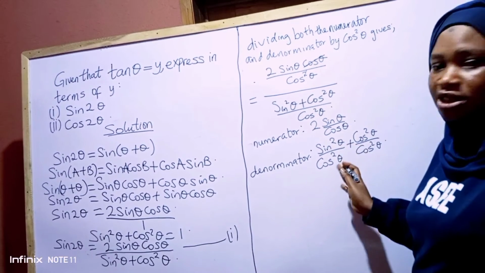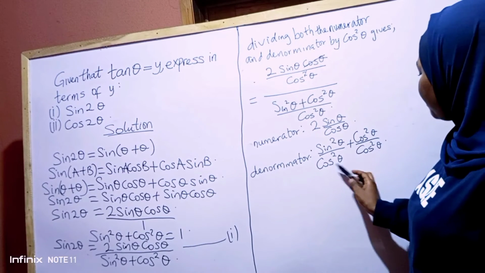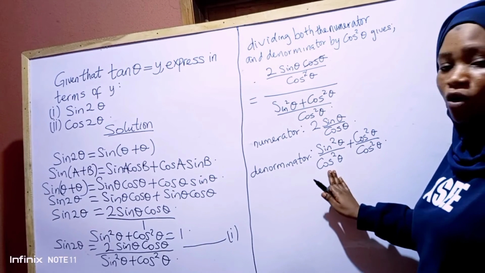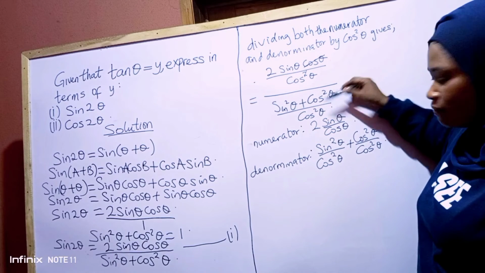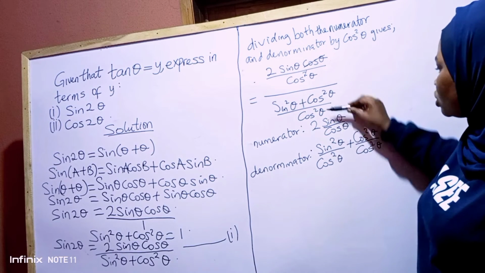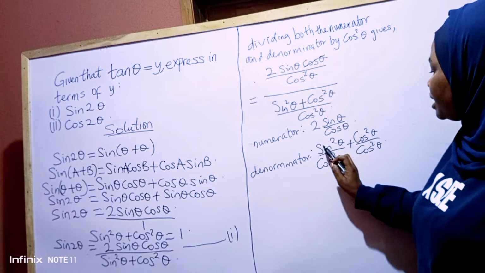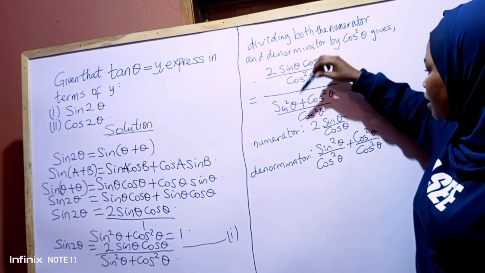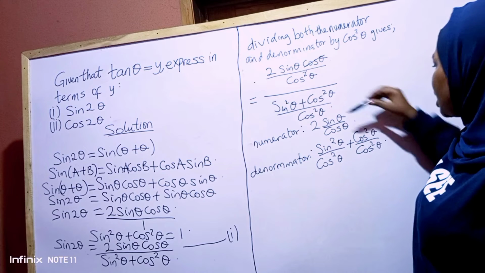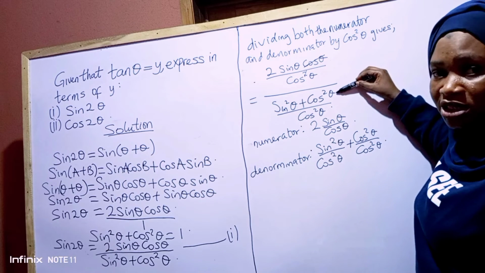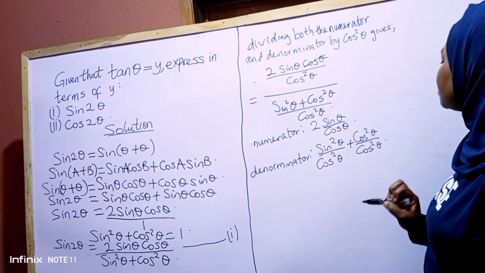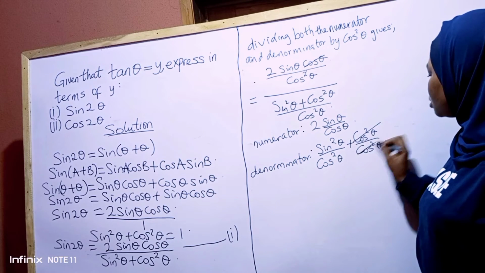Why do I do that? Because if I find the LCM of cos squared theta and cos squared theta, I'll have cos squared theta. Now cos squared theta in cos squared theta is 1 multiplied by sine squared theta gives me sine squared theta, plus how many cos squared theta can I get in cos squared theta? 1. 1 multiplied by cos squared theta gives me this. So you can see that they are still the same thing. So from here cos squared theta cancels cos squared theta.